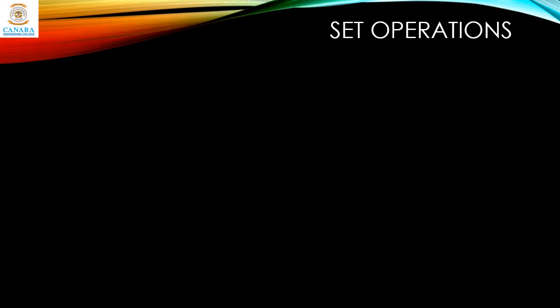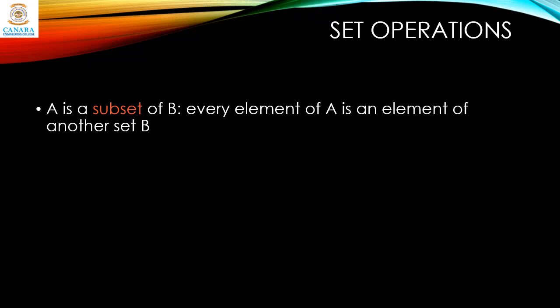Let's go through some basic set operations. A is a subset of B means every element of A is an element of another set B, which can be denoted by this symbol. Next, union: C is A union B, and this symbol stands for union.